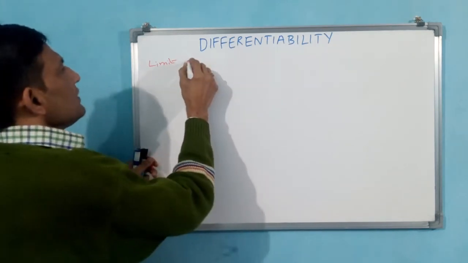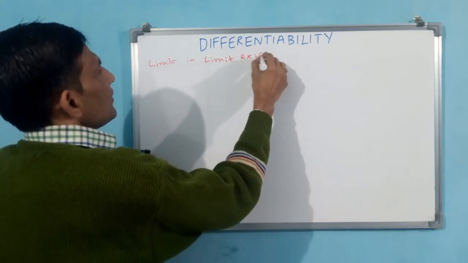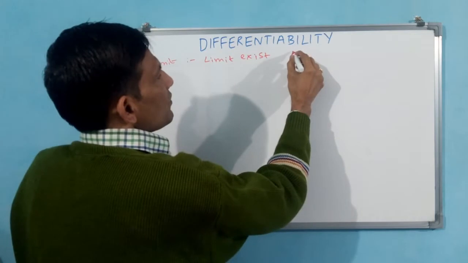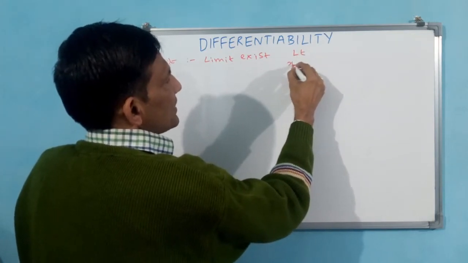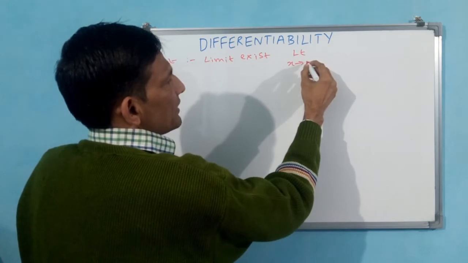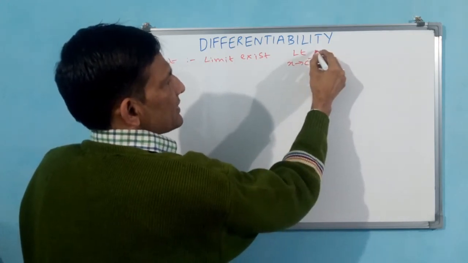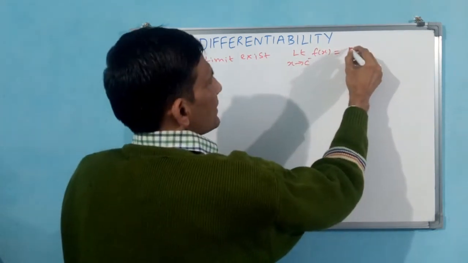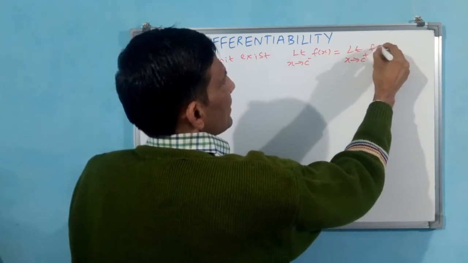How are we going to know the limit exists? Normally, we take the left hand limit at any point c, the limit as x tends to c minus of f of x, and compare it with the right hand limit, as x tends to c plus of f of x.